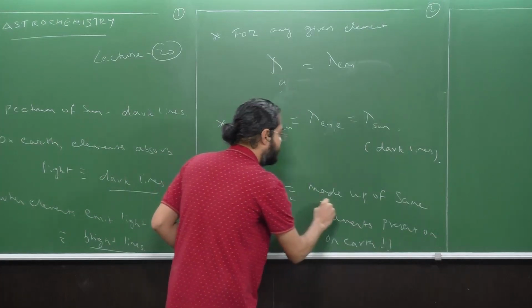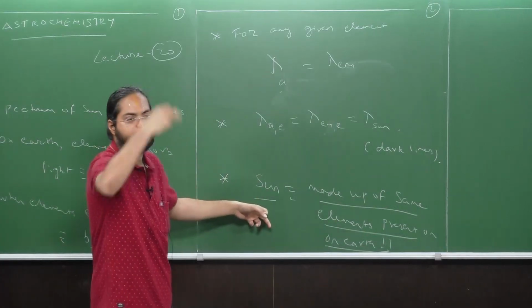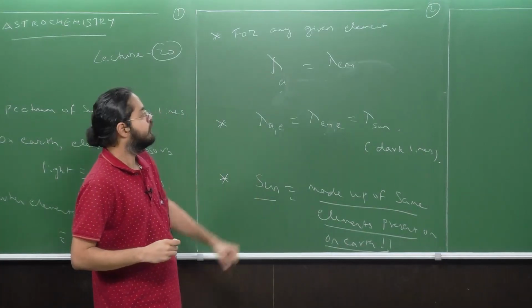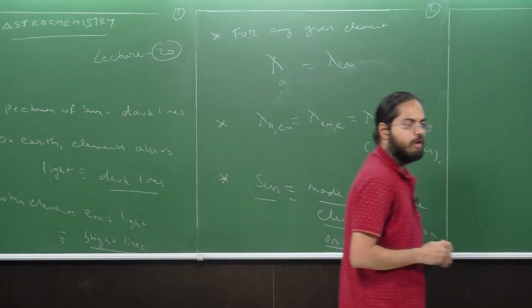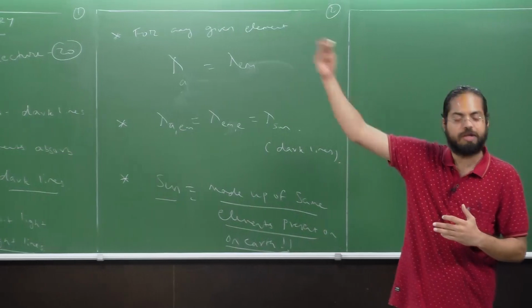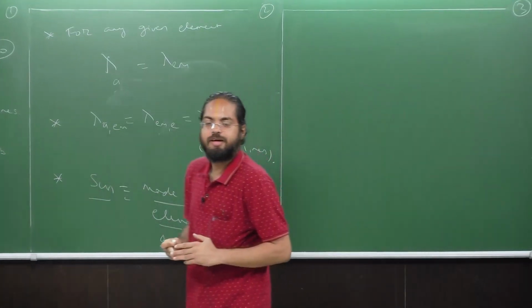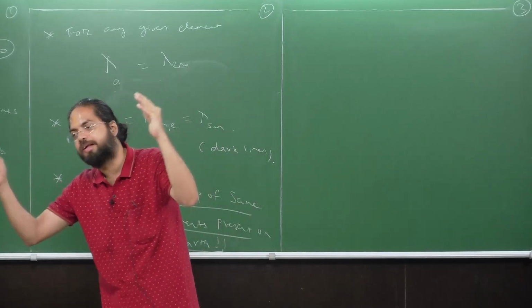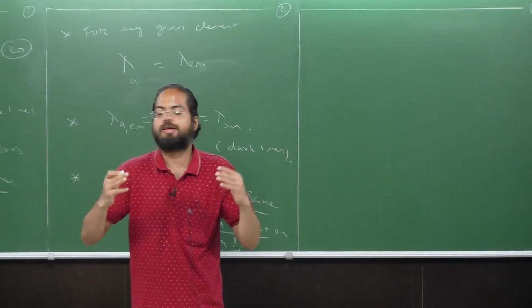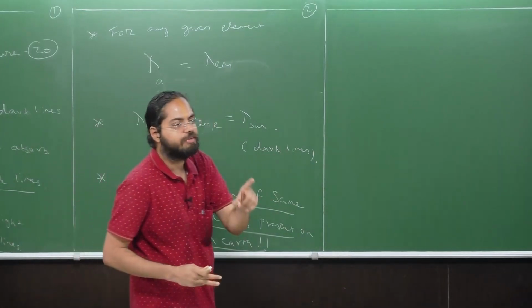Now, this is a massive leap of understanding. This is a massive leap of knowledge. For a long time, what was the sun thought to be? The sun is a celestial body. Yes, celestial is fine. But hey, it is no longer mysterious. It is not this mysterious mythical entity, but it is something that just consists of elements present on Earth. And how did we figure it out?